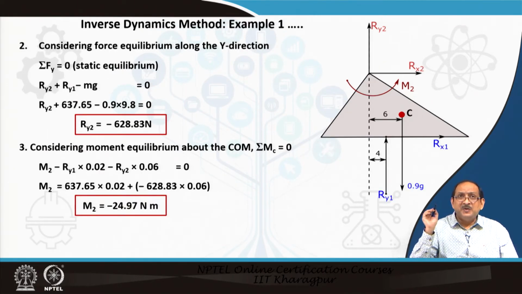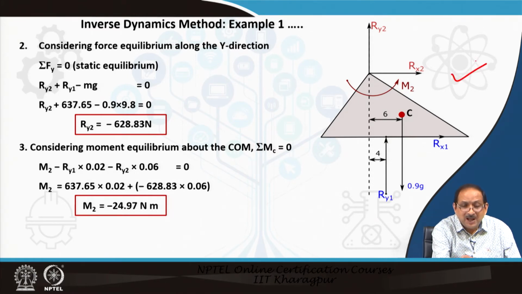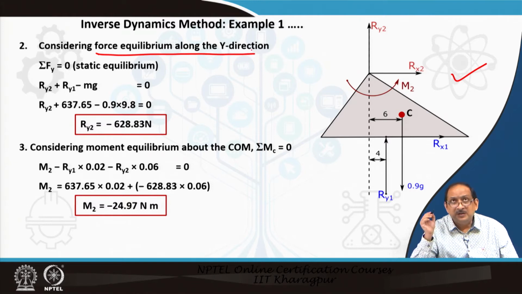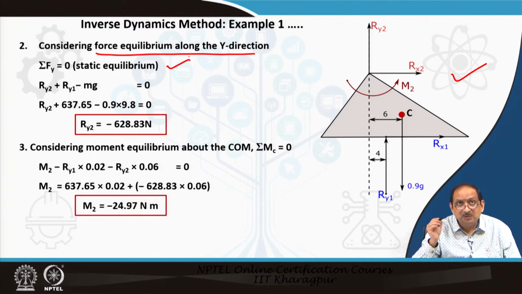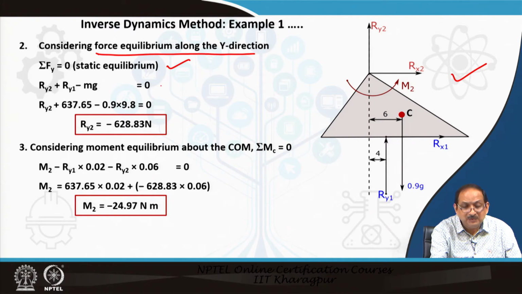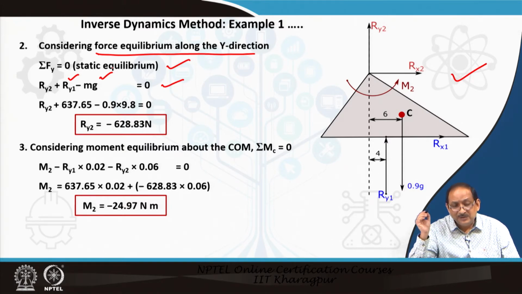Let us move to step number 2. We calculate the reaction force Ry2 along the vertical direction. So, considering again the free body diagram and the force equilibrium along the y direction, summation Fy is equal to 0 considering static equilibrium, and we write down the equation Ry2 plus Ry1 and Mg is acting downwards.